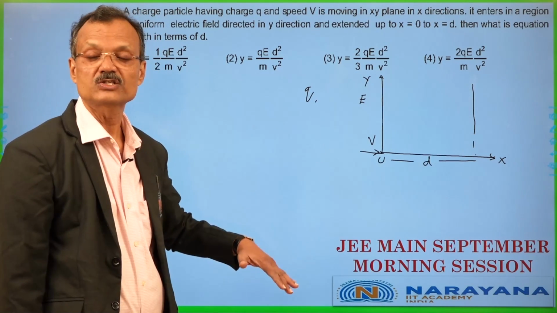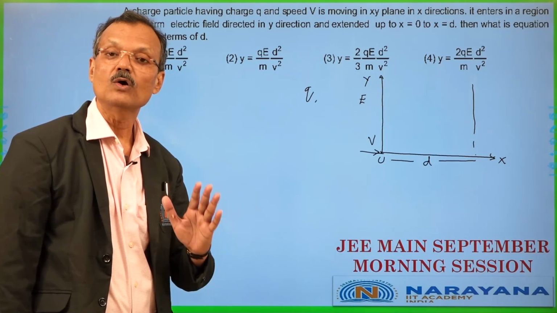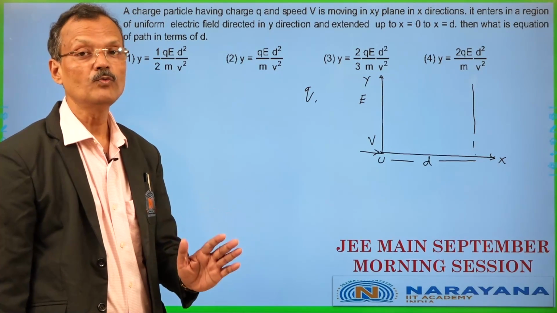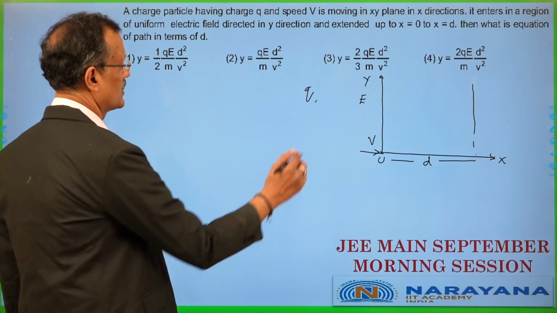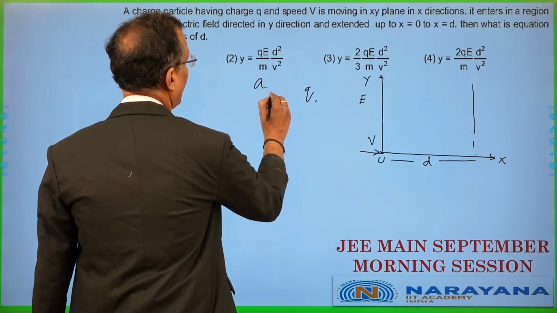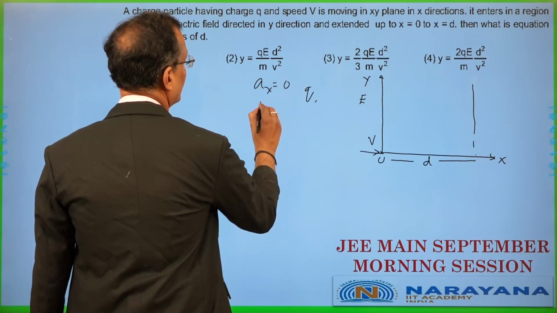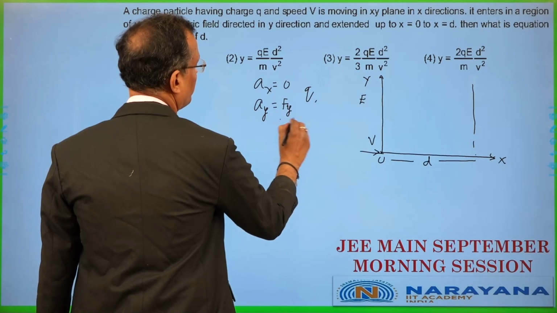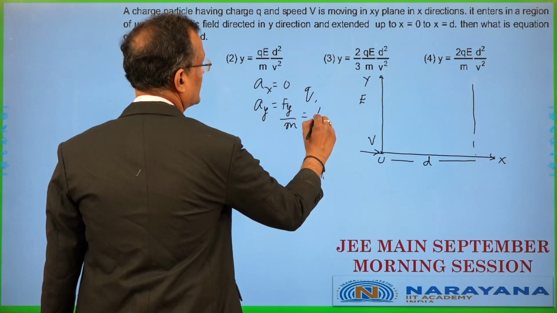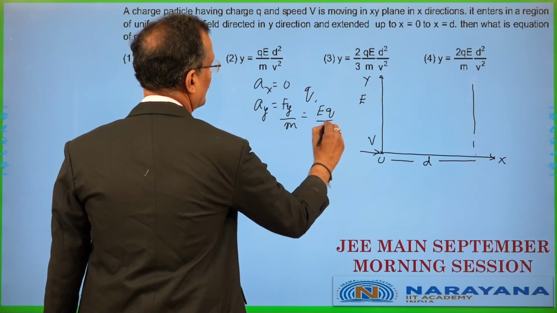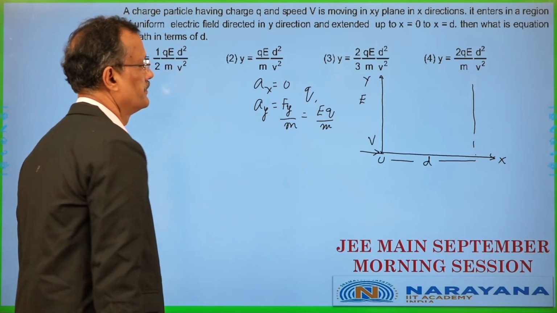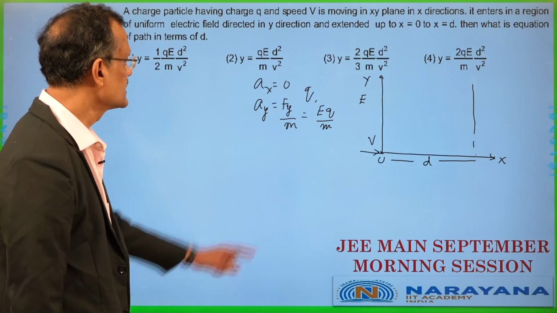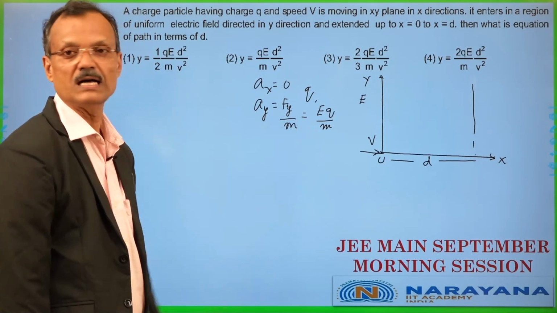Along the x direction, it will move with constant velocity, and along the y direction, it will move with constant acceleration. Ax is 0, Ay is Fy by m, this is Eq by m. Clear to you? Understood? This is the force, this is the mass.